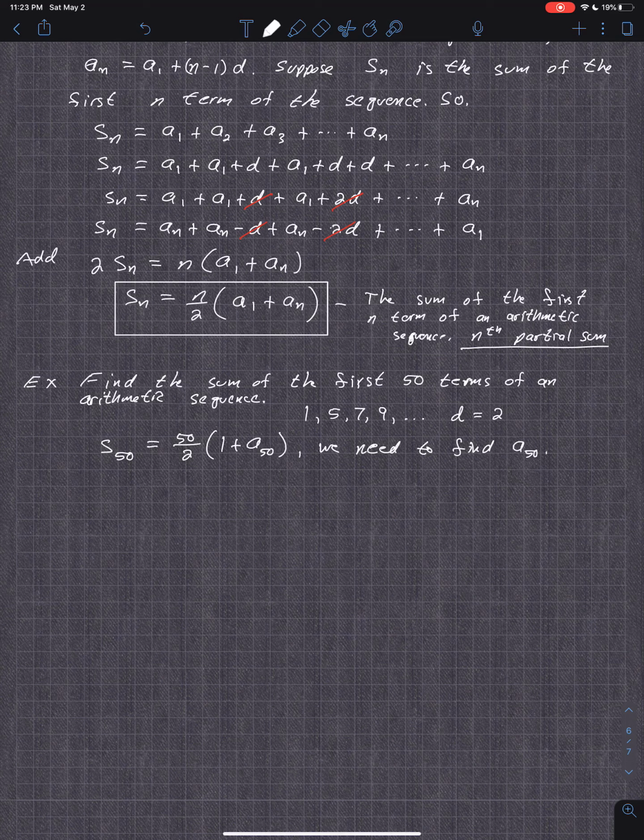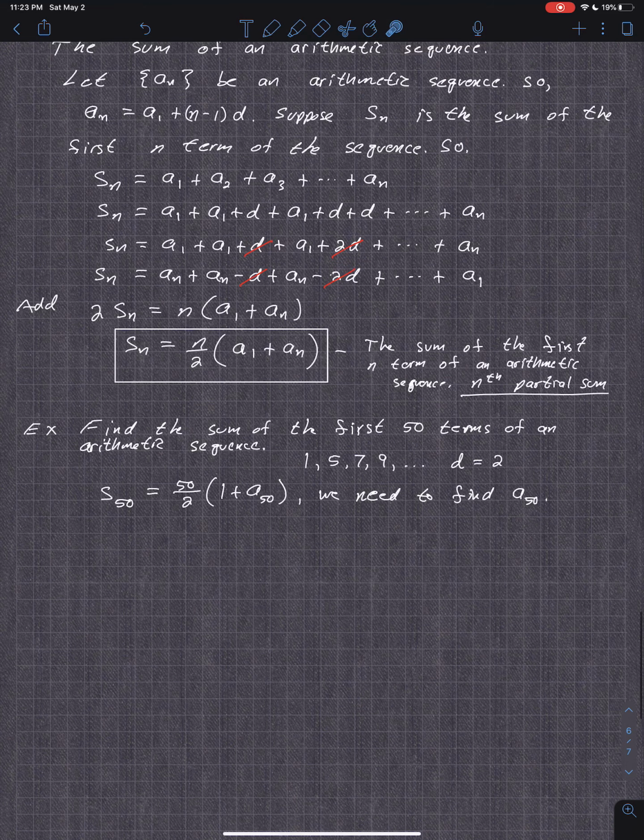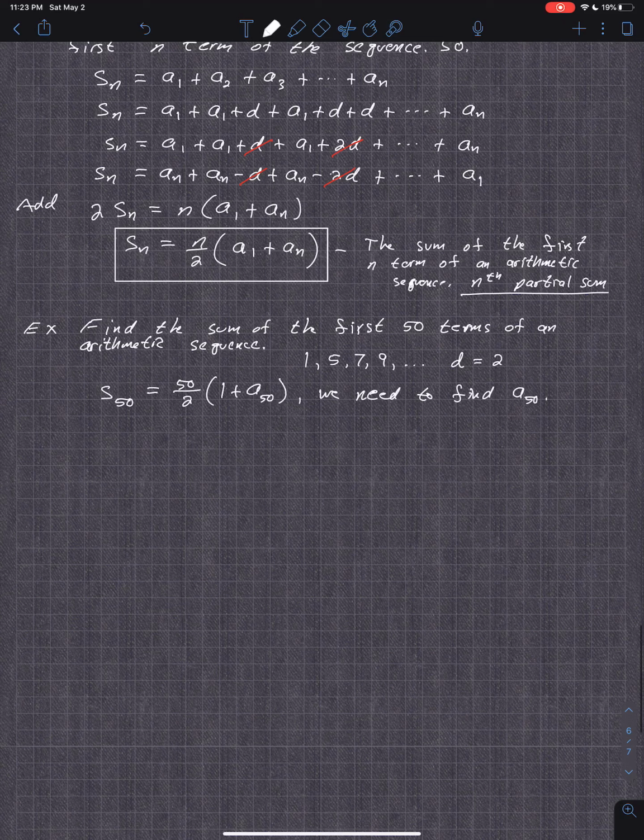So we go back to our formula. We go back to using the nth term of the arithmetic sequence. So a sub n is equal to a sub 1 plus n minus 1 times d. And so we can calculate that. It's basically 1 plus n minus 1 times 2, which is the common difference. So it's 1 plus 2n minus 2, or 2n minus 1.